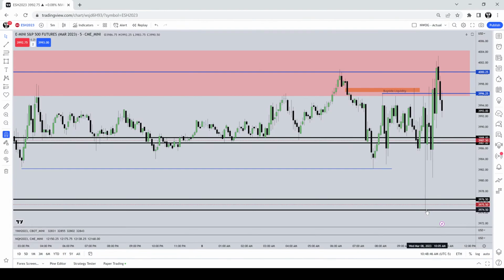I'm stating that the algorithm will go back down to this level, below these lows, be content with that, and then look to do what? Reprice for an opposing liquidity or inefficiency. We had both, buy side and the remaining portion of that 60-minute fair value gap in the shaded area. I don't need it to go all the way up to the top. I just need it to go back to the buy side here.